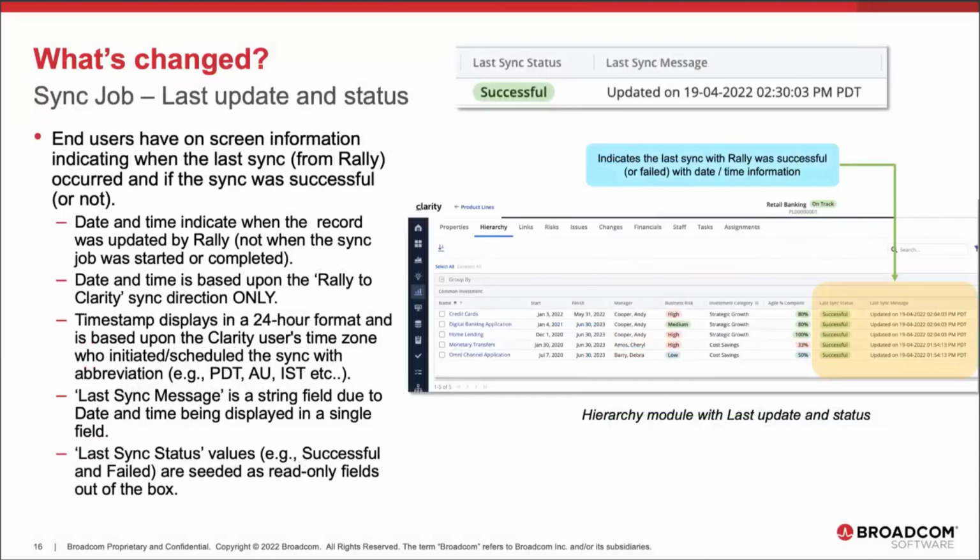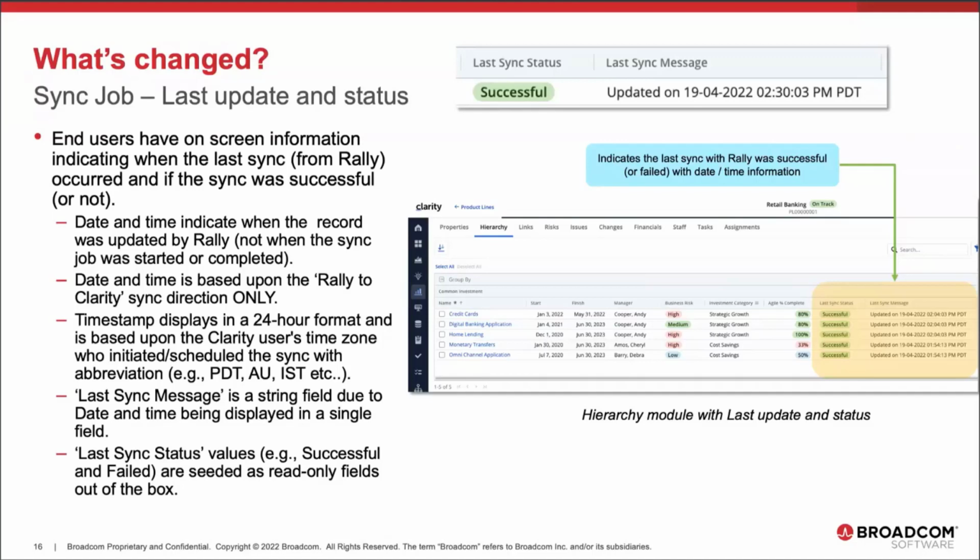Last update and status. Here you can see there are some new attributes that are part of the integration in terms of last sync status, which would be a success or failure, and they're color mapped. In the prior release, they were not color mapped. Actually, I take that back. They weren't available in the prior release. And then there's a message that tells you it was updated on a certain date and time.